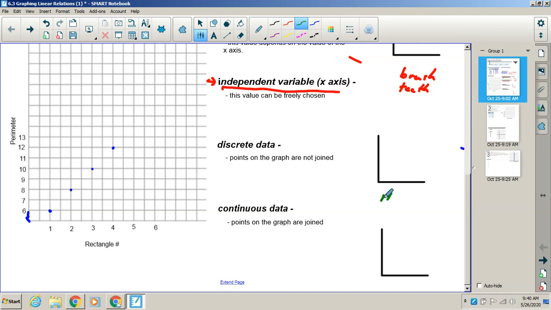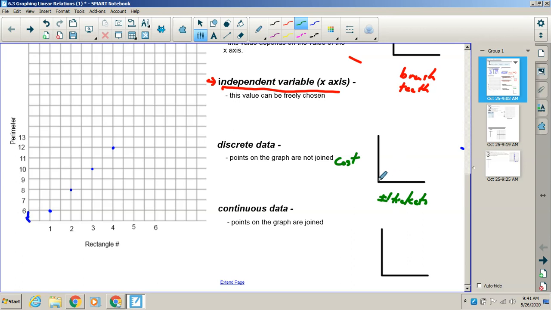So here I have number of tickets, and here is the cost. Now again, independent variable, number of tickets. Okay, I can freely choose how many I'm going to buy. The cost is dependent on how many tickets I buy. So this is on my y-axis. This is my dependent variable. This is my independent variable.